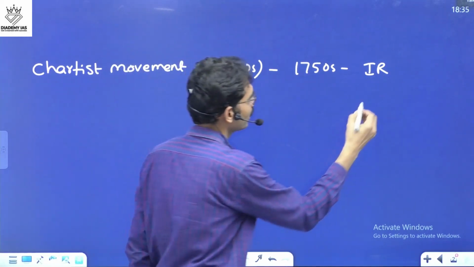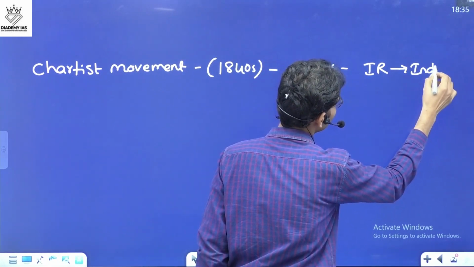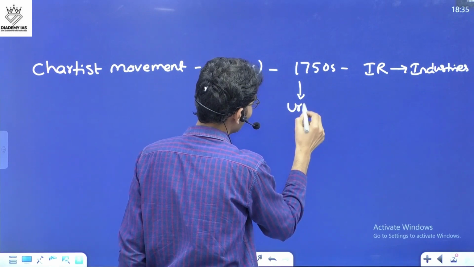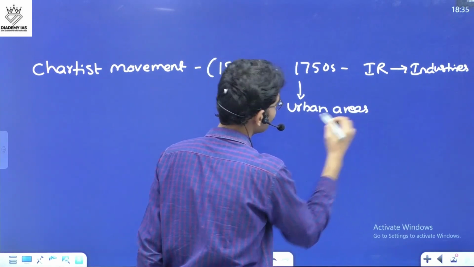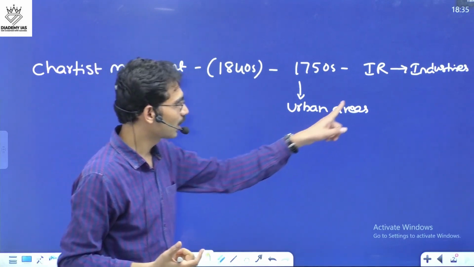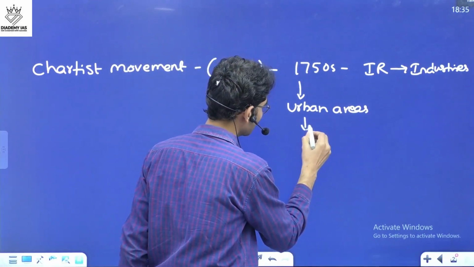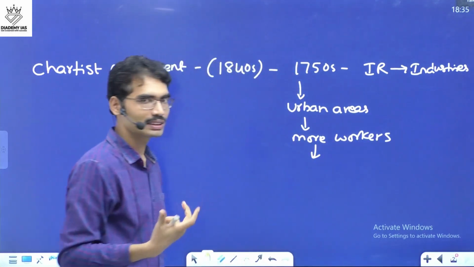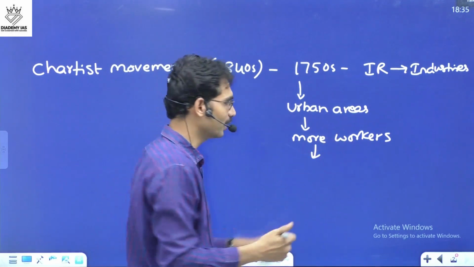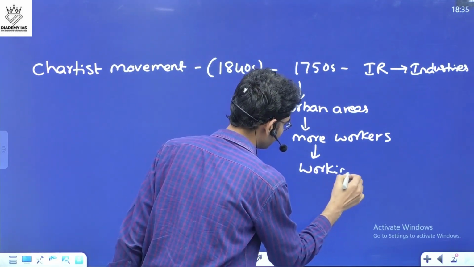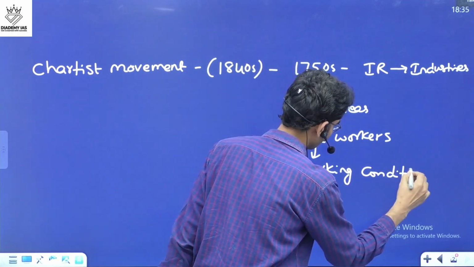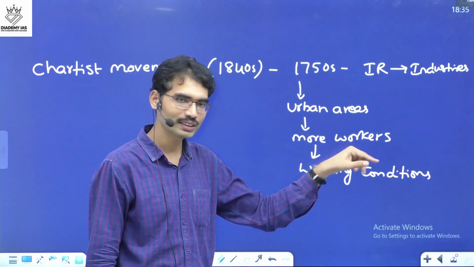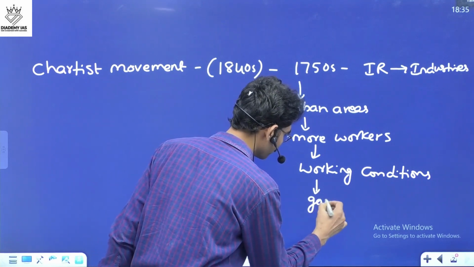Because of the Industrial Revolution, new industries came, and with these industries, new urban areas came. With more industries and more urban areas, the number of workers increased, but there were no proper working conditions. That is why these workers were always demanding good working conditions.